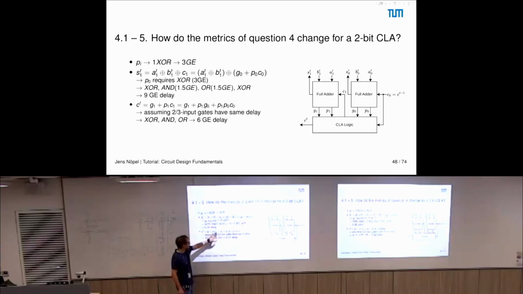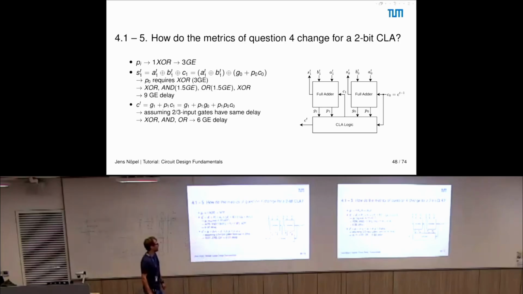This is exactly the same as having G1 or P1 and G0 or P1, P0 and C0. Now we have the assumption that this AND gate takes exactly as long as this AND gate that ANDs 3 inputs.